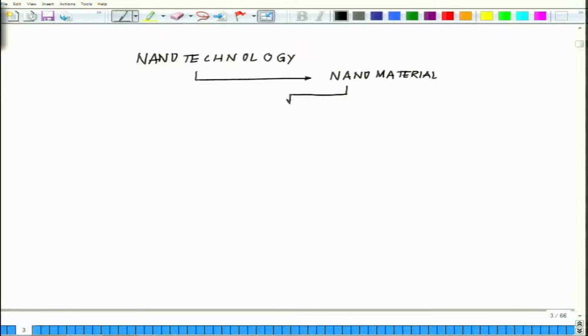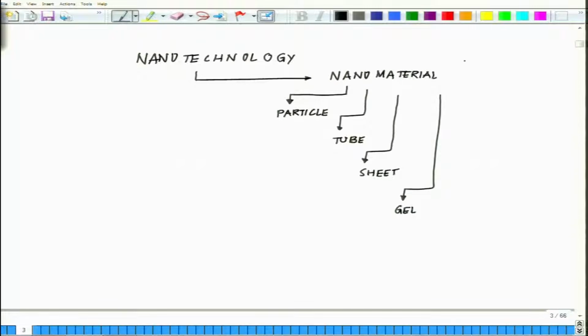It could be a particle, it could be a tube, it could be a sheet, it could be a gel, or it could be a suspension, some kind of a mesoporous suspension. Okay.